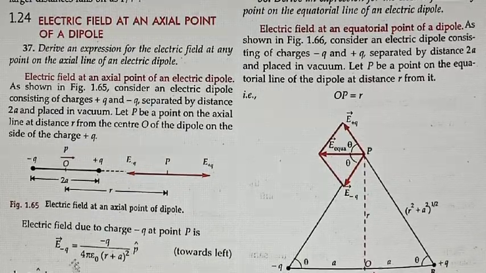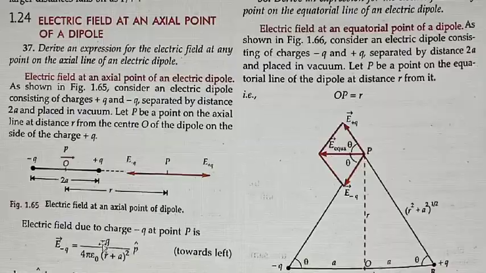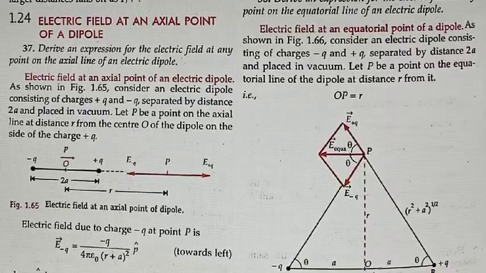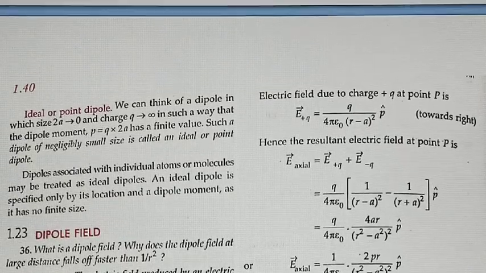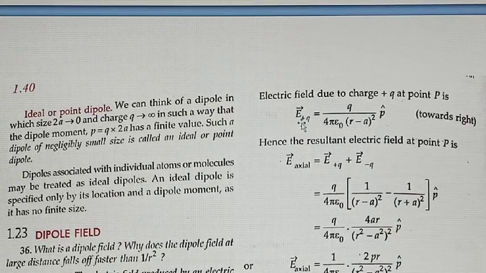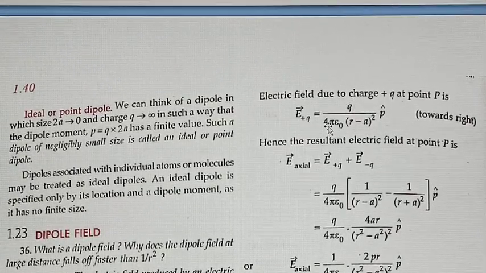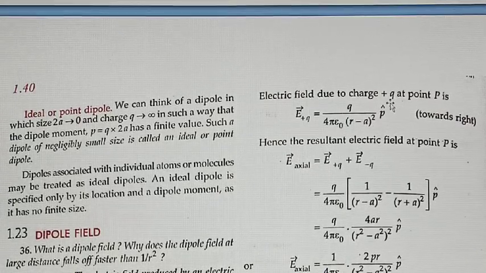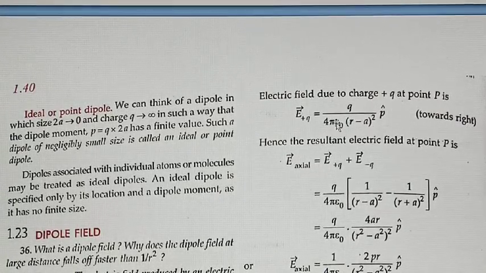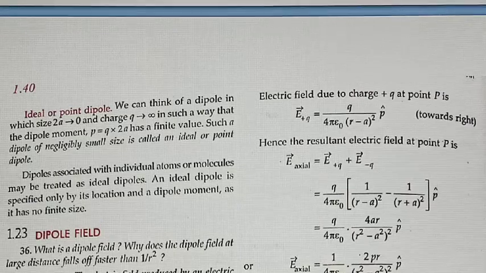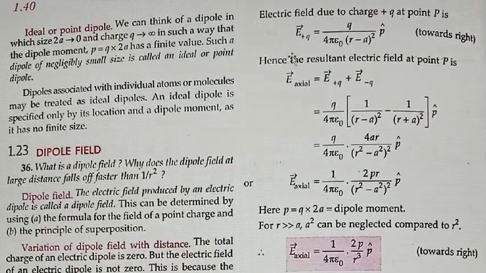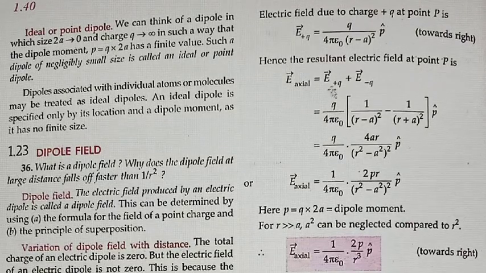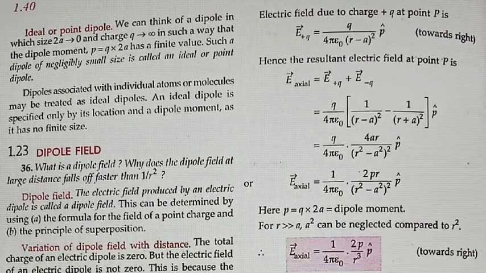Next, electric field at point P due to the positive charge, E plus q, is equal to q by 4 pi epsilon naught (r minus a) whole square p cap, towards right. You can see the diagram, the direction of electric field due to plus q, and then you can find the resultant E axial, E plus q plus E minus q.